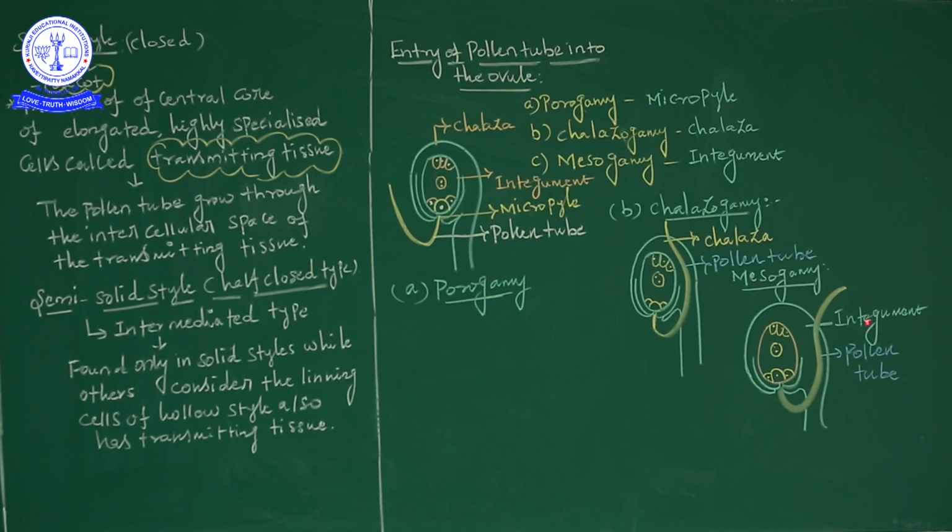Meso means integument. Already you know about this. The integument is present in two types: outer integument and inner integument. The pollen tube enters through the integument region and also reaches the micropyle region. Okay, that is the main character of mesogamy. Okay, the differentiation of the three types: porogamy, chalazogamy, and mesogamy. Very important for a 5 mark question.